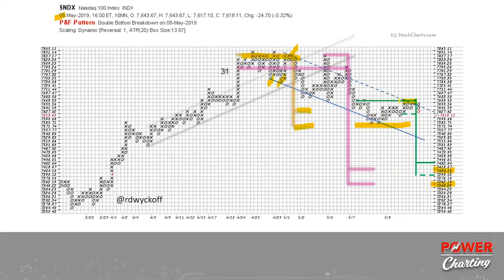We'll look at here. We have a redistribution, and as a redistribution forms, we can count that redistribution, and it gives us a count down to right into the range of our larger count, which helps to confirm that this is where the market wants to go. So we can see here that oftentimes when we create a count that matches the larger count, that's when the market, from a timing perspective, is ready to go down again.